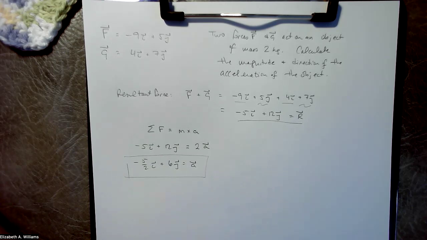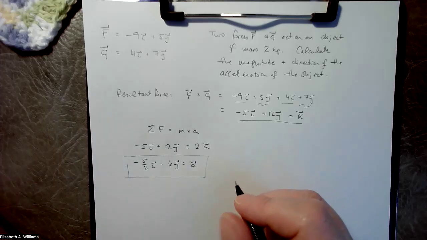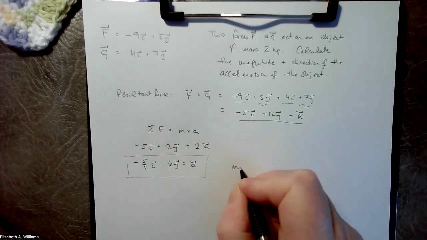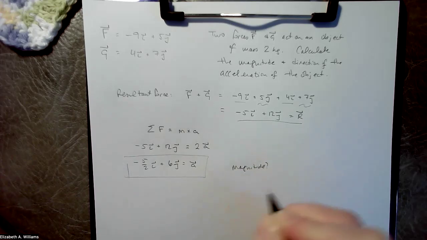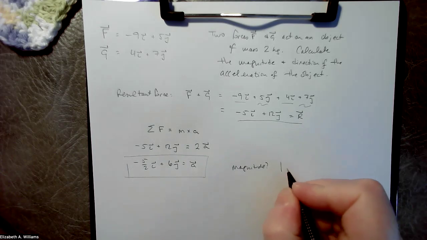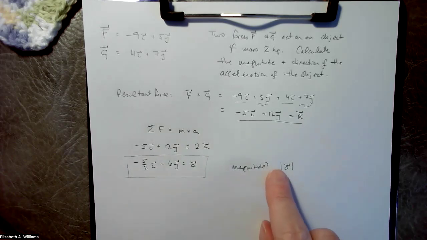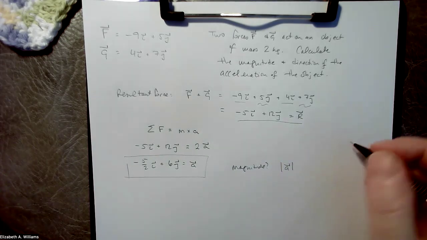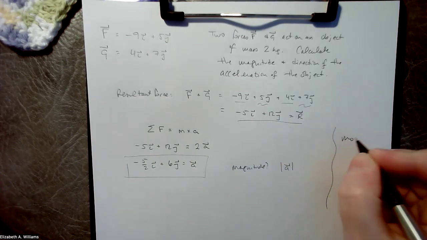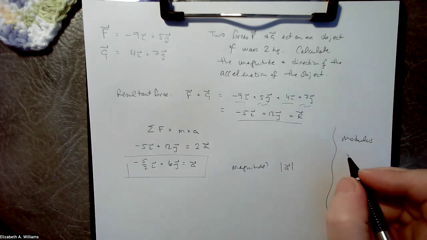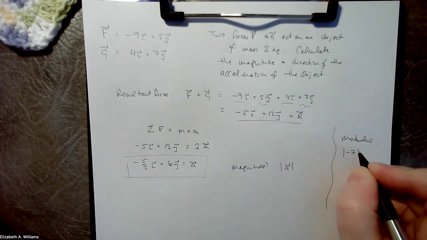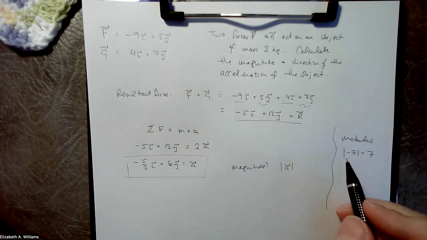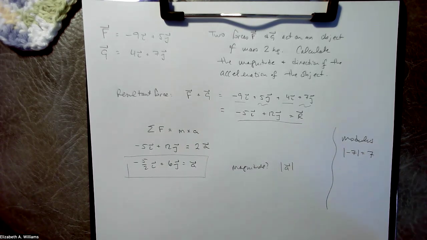Okay. And if I want the magnitude of that thing, the magnitude of a vector, sometimes we notate it like that. The modulus symbols mean magnitude. Side note, when you learn modulus with numbers, like if I say the modulus of -7, we say just strip off the negative and take the positive version.